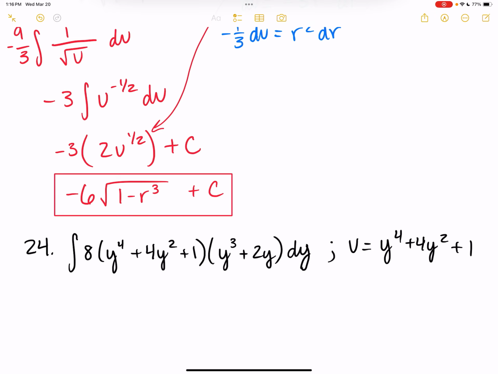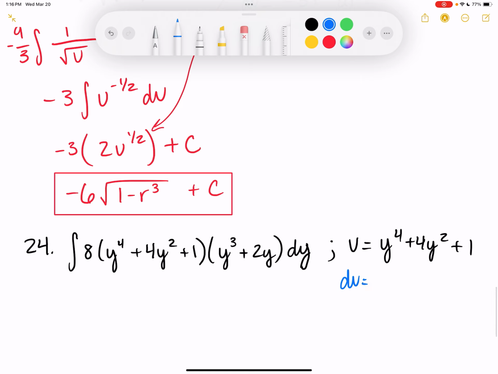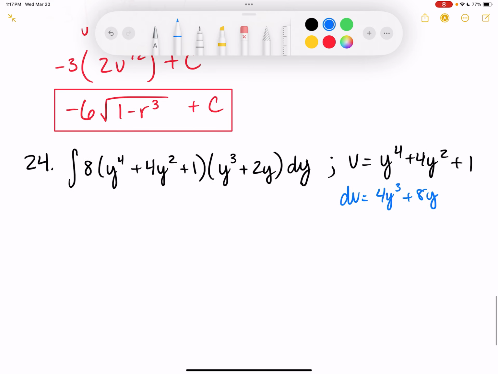Okay, so what is du? du is 4y cubed plus 8y dy.